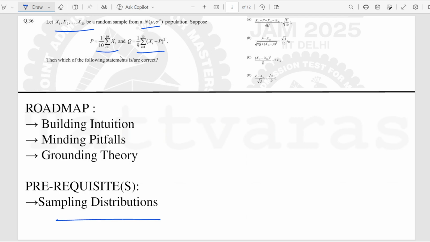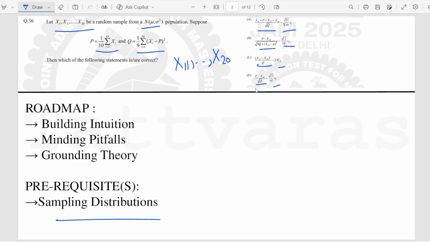With these two statistics and choosing some from the remaining 10 variables, there are four constructions given to us, and we have to check how many of them follow the distribution given.